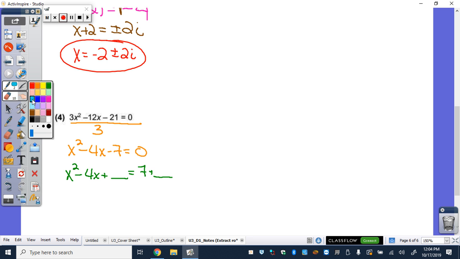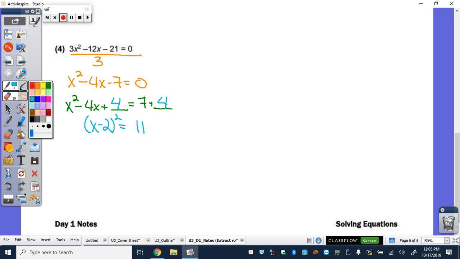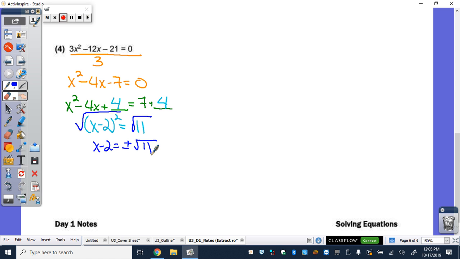What number goes in the space? 4. The left side factors into x minus 2 squared. The right side adds to give us 11. Now there's no perfect square that goes into 11, so that's just going to stay as plus or minus radical 11. And then we add our 2 over. And there's our final answer.